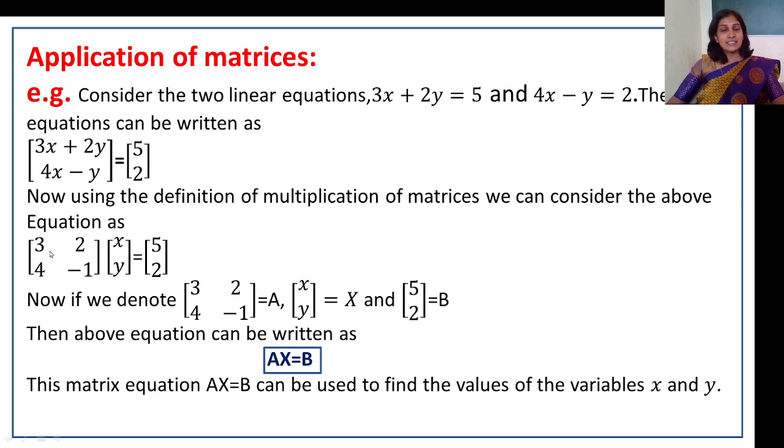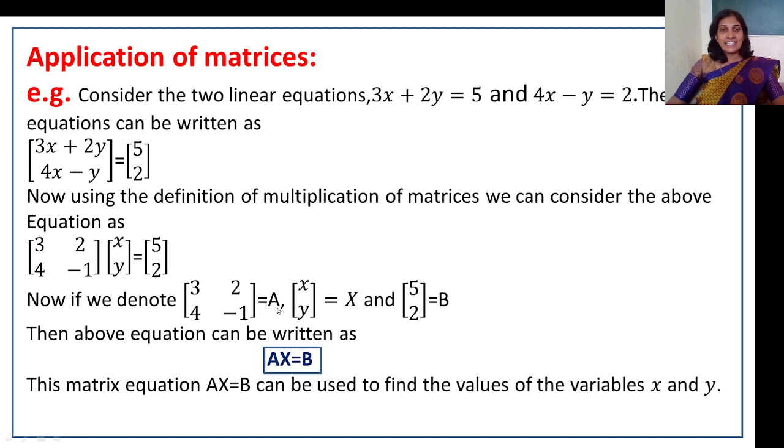If we consider this first matrix as A, this second matrix as capital X and this matrix as B, then this equation becomes AX is equal to B. This is called a matrix equation.